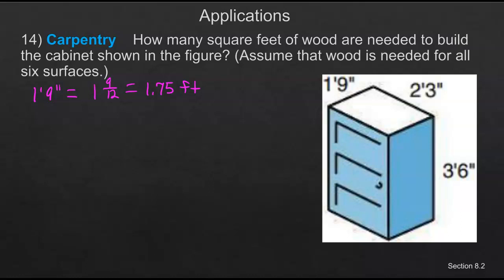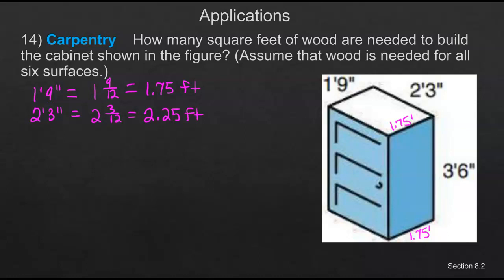We could put 1.75 feet here, 1.75 feet. It's okay to write it on there a few times. 2 feet 3 inches will be 2 3/12, which is 2.25 feet.